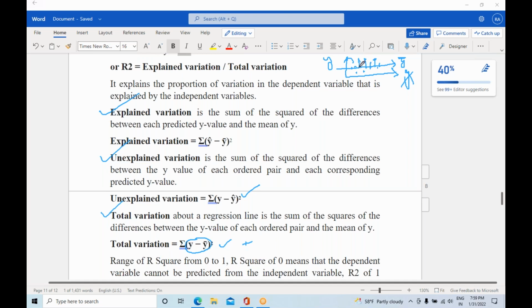So you have to calculate the distance, then apply the square, then find the sum of everything. That is your total variation. The difference between your data point and the mean of y, that we call total variation.